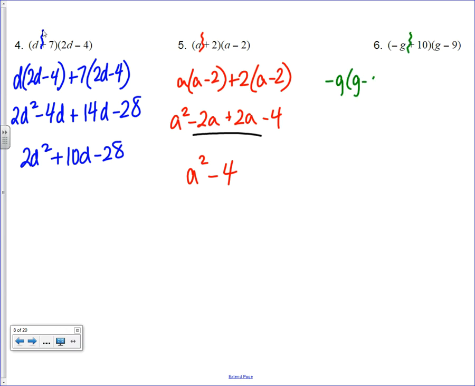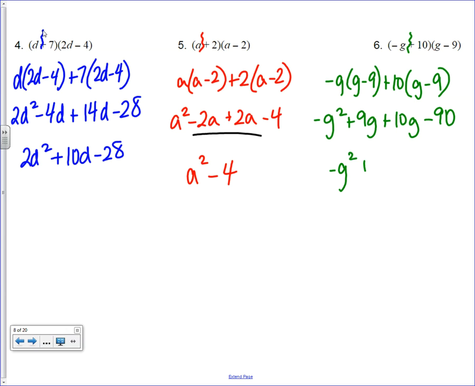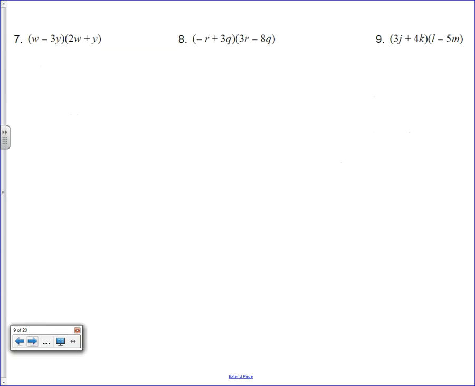Negative g times g minus 9 and plus 10 times g minus 9. This gives me negative g squared plus 9g plus 10g minus 90. Middle two terms go together, and I get 19 g's and then the minus 90. All right, cut the first one in half.